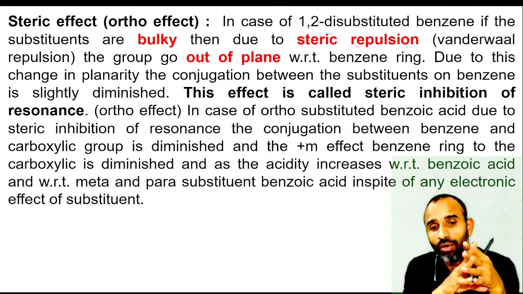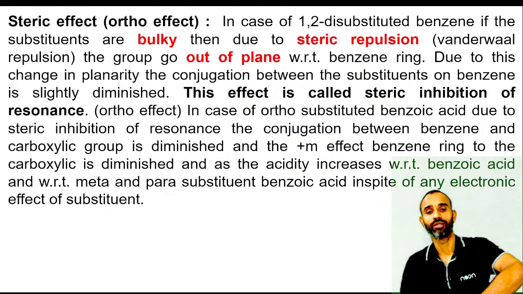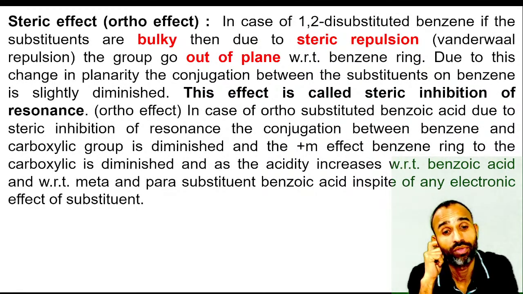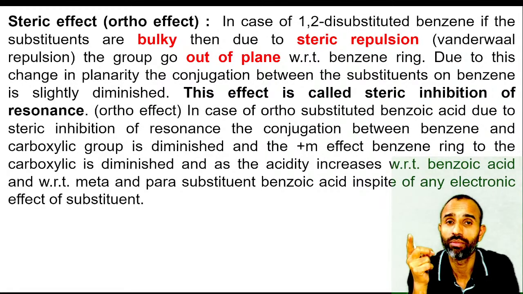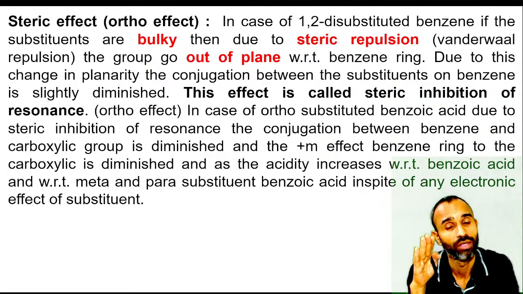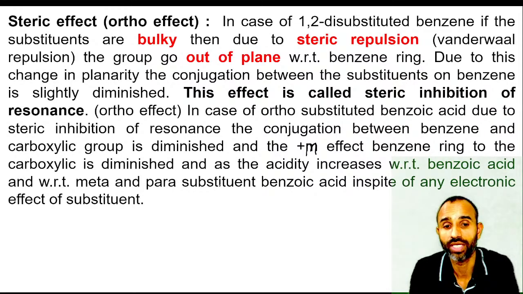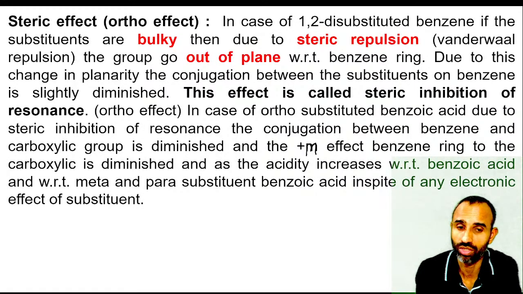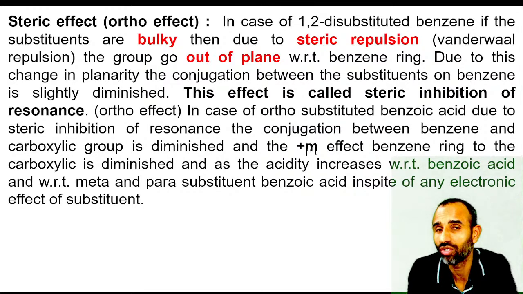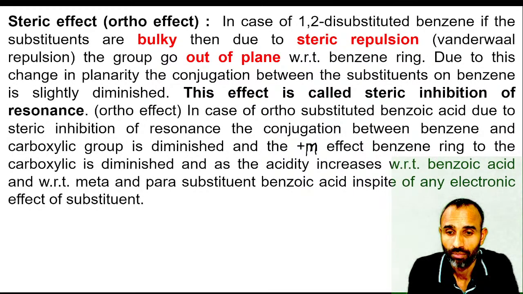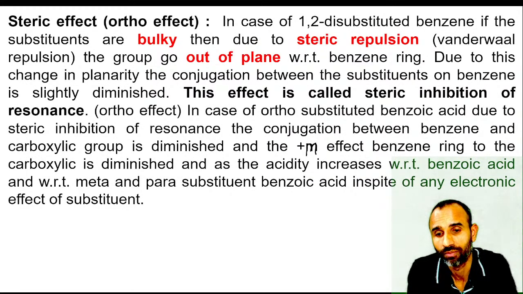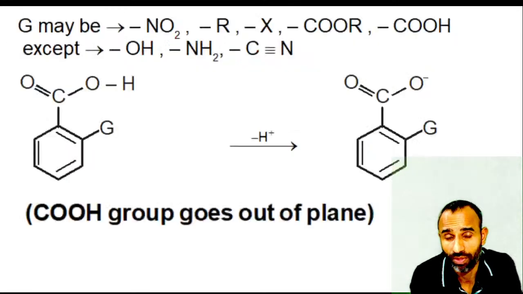So whenever we have an ortho substituted benzoic acid, due to steric inhibition of resonance, conjugation between benzene and carboxylic acid is decreased, and the plus M effect of benzene ring to the carboxylic acid is decreased, obviously if resonance does not take place. So acidic strength increases with respect to benzoic acid and with respect to meta and para substituted benzoic acids, in spite of any electronic effect of substituent.